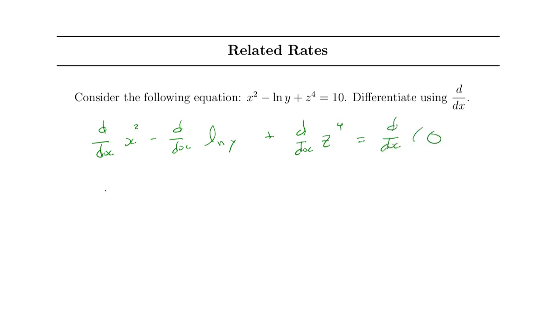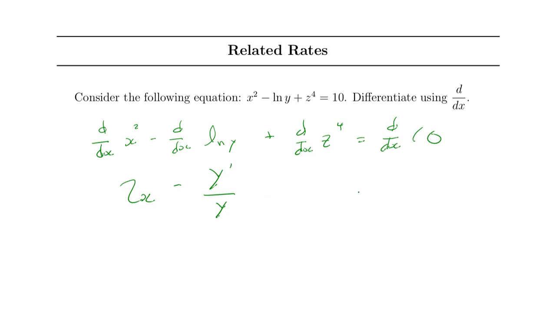And most of these are going to work out exactly like they would if this was just a regular old implicit differentiation example. The derivative of x squared is 2x. For the natural log of y, we've got to do some chain rule, so we're going to have 1 over y times y prime. Or if you want, you can just go ahead and say, really, it's just y prime over y.